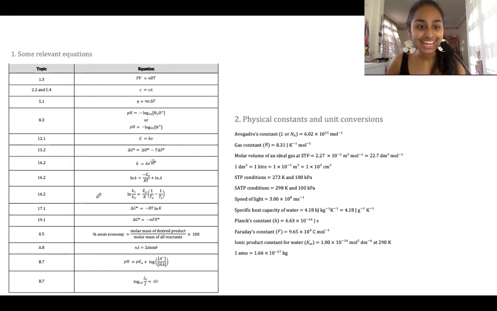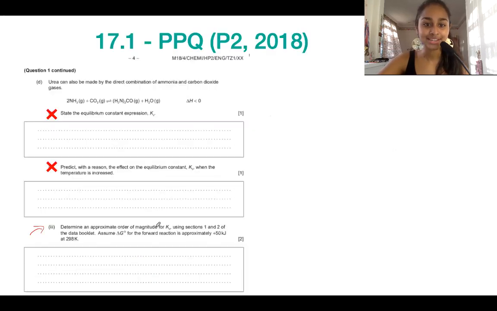The equation that they have in mind, so we're in 17.1, is going to be this equation, the one that we just saw over here. So let's write that down, minus RT ln K equals delta G. Okay, so now let's look at what values we can input.